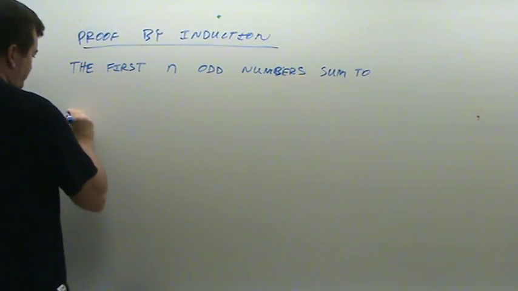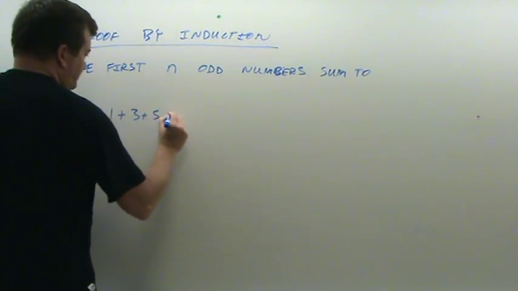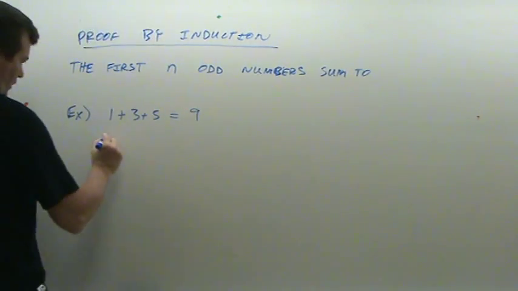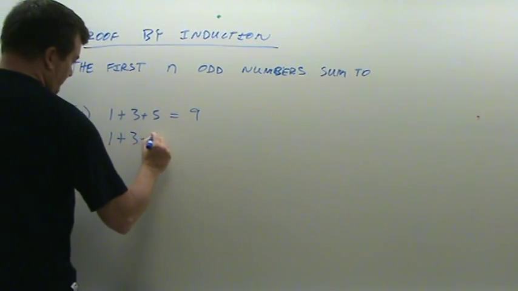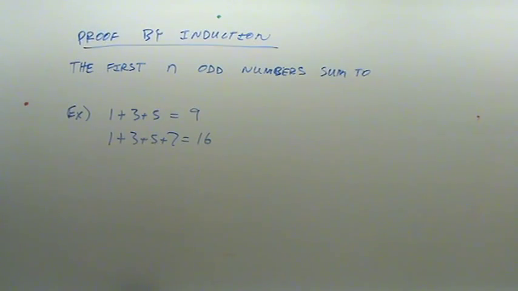So for example, 1 plus 3 plus 5 sums to 9. 1 plus 3 plus 5 plus 7 sums to 16.